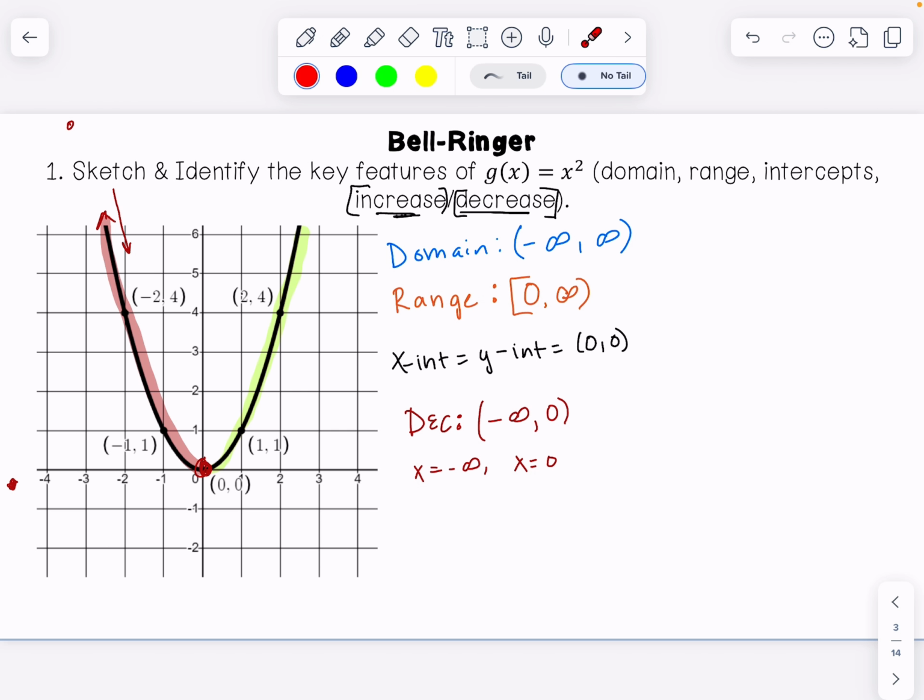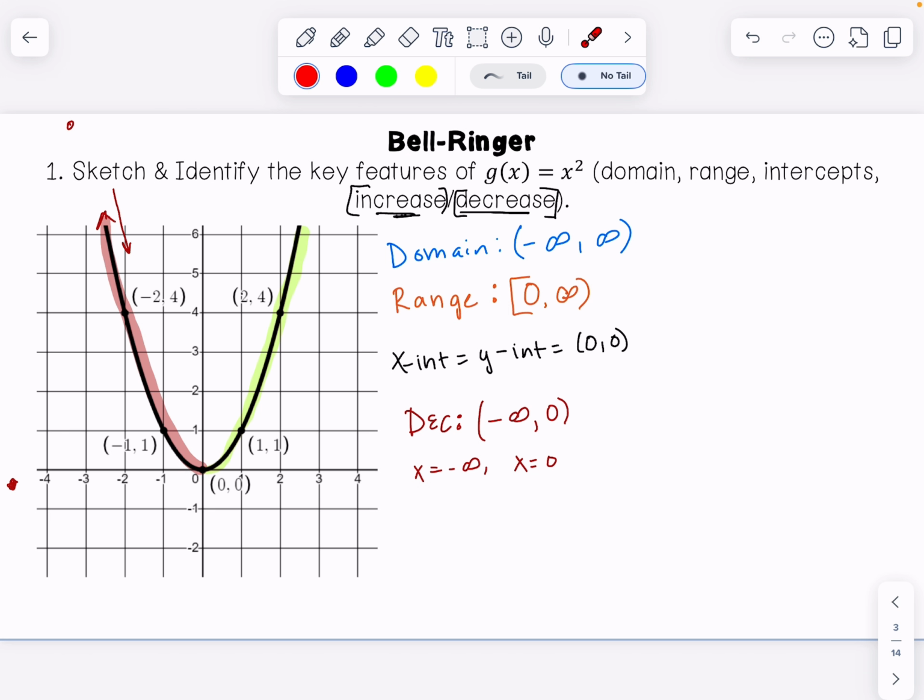I'm going to use soft brackets for both of these. And if you aren't positive about the hard brackets and soft brackets, you can go watch one of the other videos on interval notation. Infinity always has a soft bracket because we can't reach it. Up here, I put a hard bracket on the 0 for the range because that was included in my range. 0 is a y value I can get out. When it comes to asking about it here, we're really asking, is the 0 in the increasing interval or the decreasing interval?